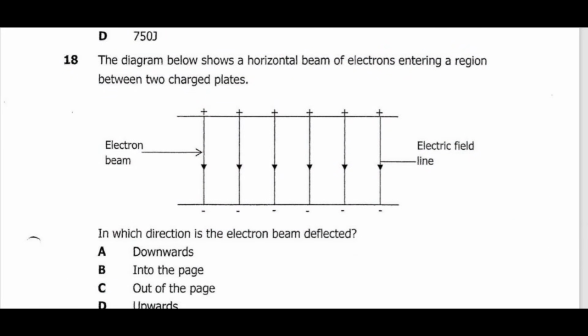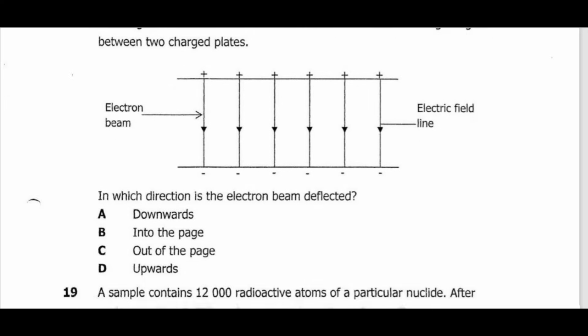Then 18. The diagram below shows a horizontal beam of electrons entering a region between 2 charged plates. In which direction is the electron beam deflected? So the original direction of the beam, electron beam.